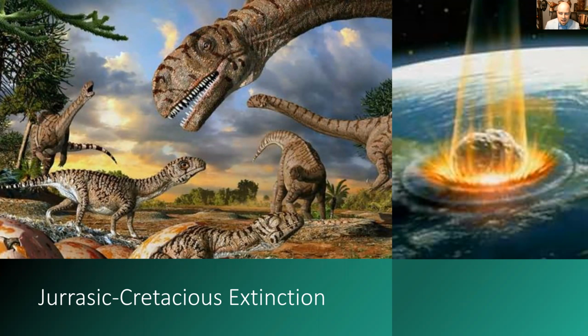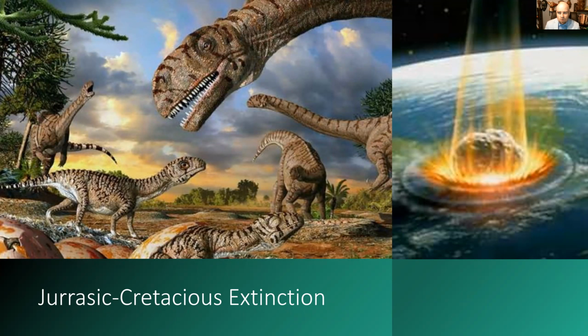This impact caused a large shock wave that affected an extended area around where the meteor first hit and instantly killed animals even several hundred miles away from the impact.